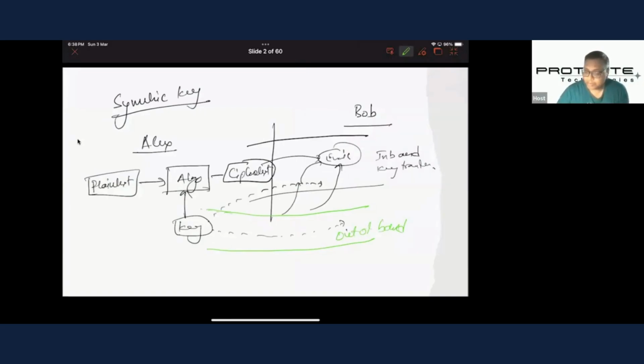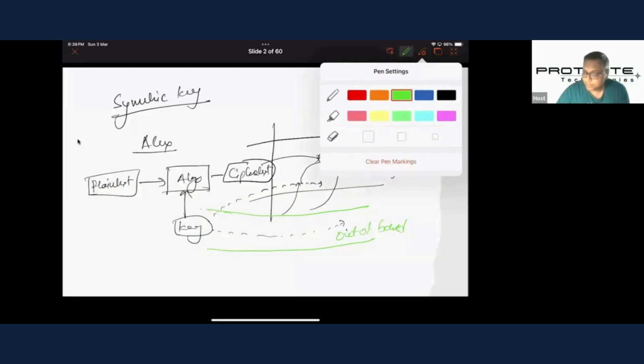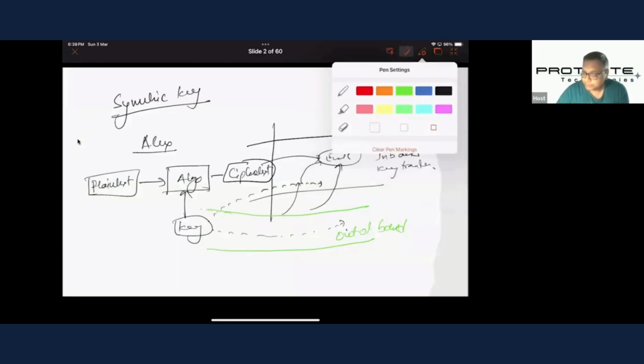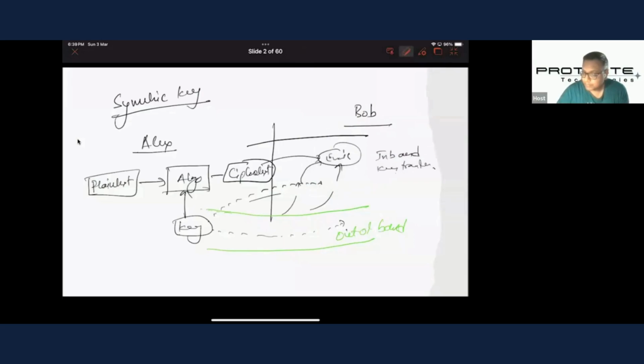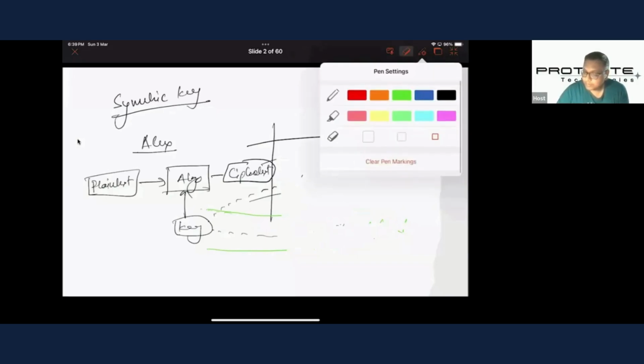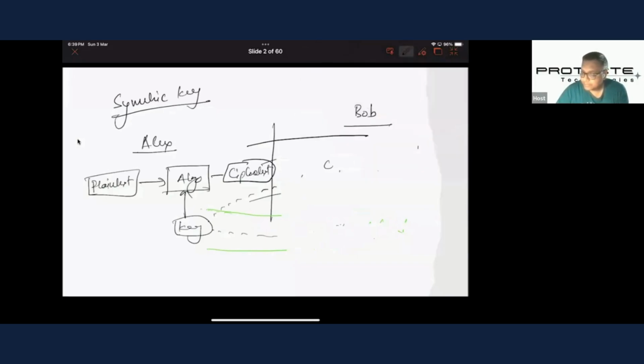Right? Understood the concept? So once Bob receives the message, what happens at Bob's end is Bob receives the ciphertext and he receives the key out of band.